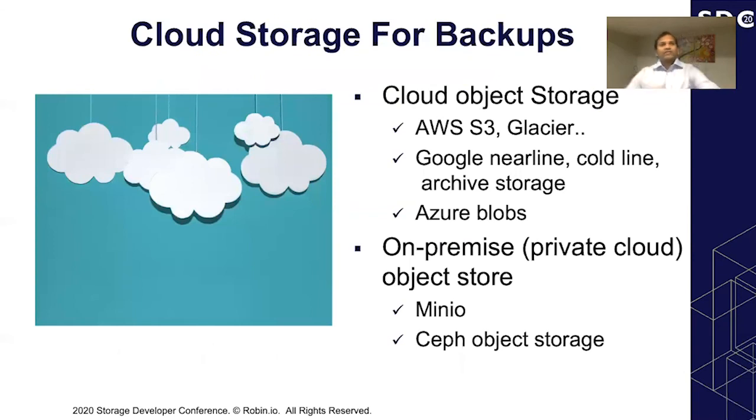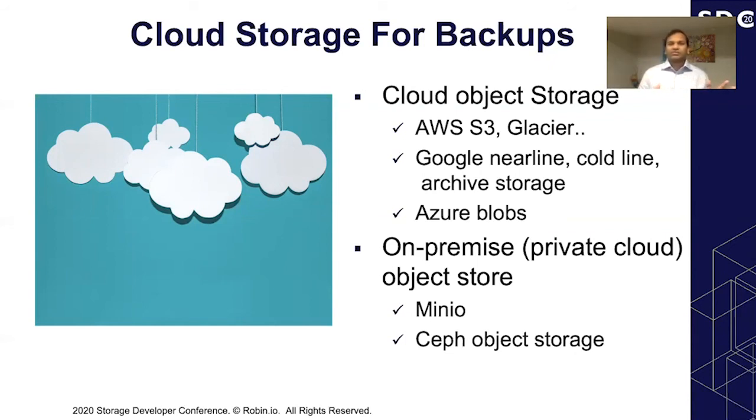So now let's come to the backups. Once you take the snapshot, you can transfer that snapshot to the object store as a backup. Cloud object stores have become available through multiple vendors now, and they can be used as a target for the backups.